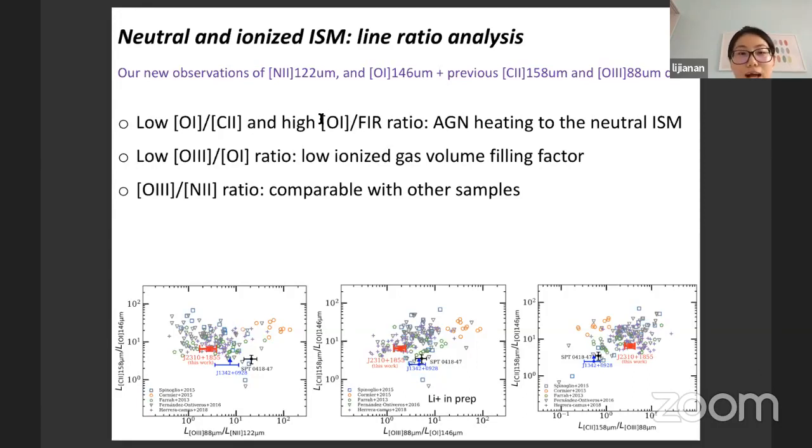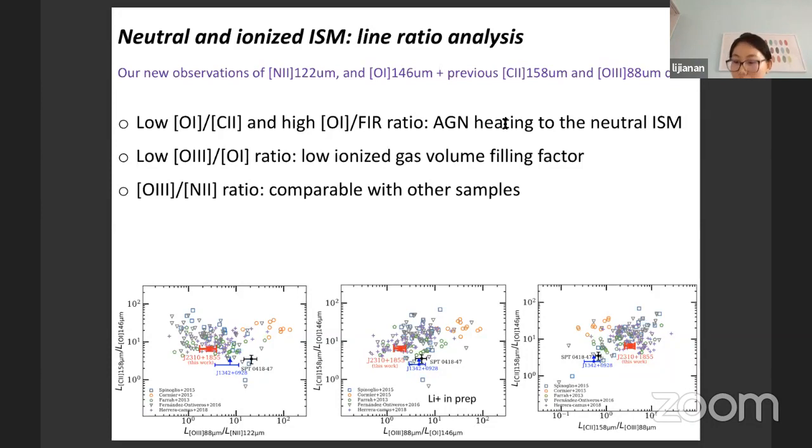And we also find a high O I to total infrared ratio, so the extra O I emission is likely a result of another heating mechanism in addition to the UV photons from star formation. So it's likely that this high O I luminosity has a contribution from AGN heating.